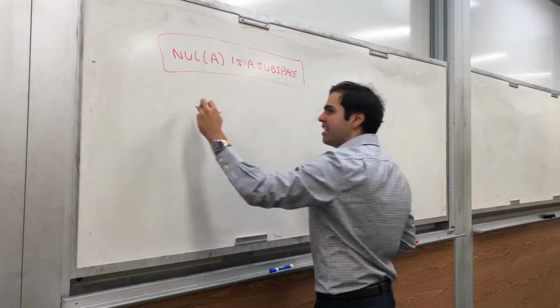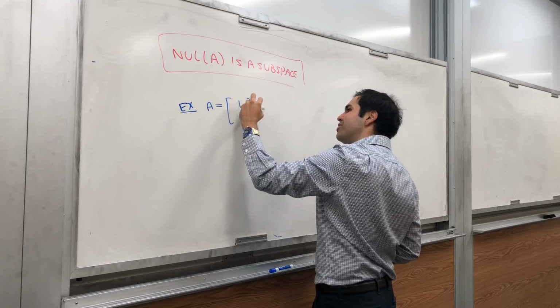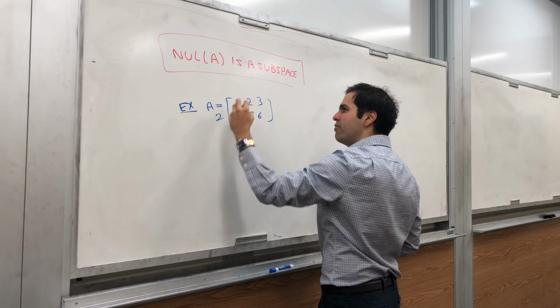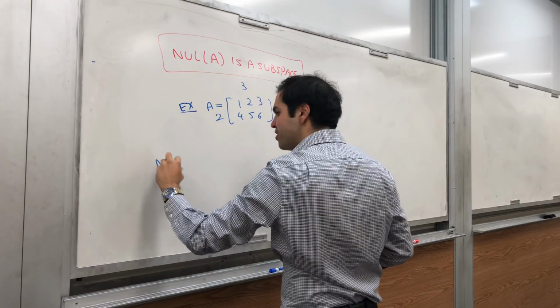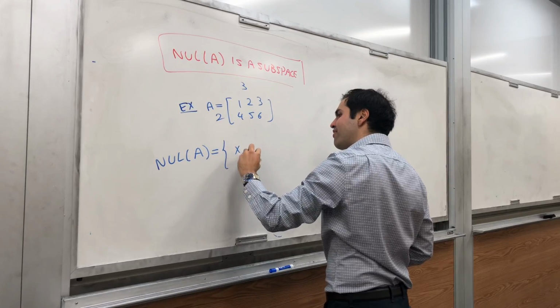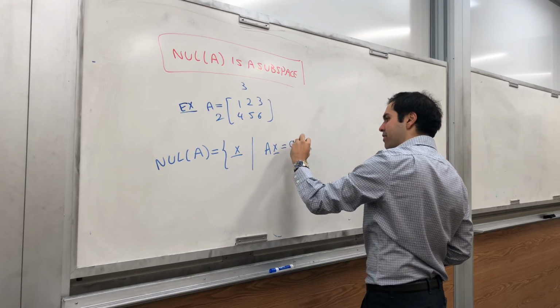So let's take the matrix 1, 2, 3, 4, 5, 6. It's a 2 by 3 matrix. The null space, by definition, is the set of vectors where Ax equals 0.